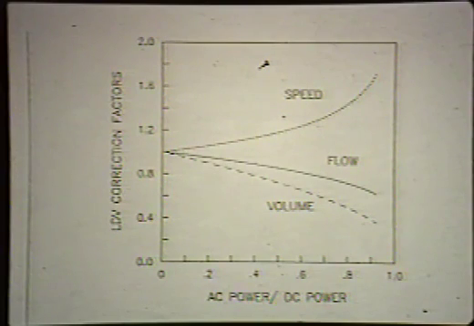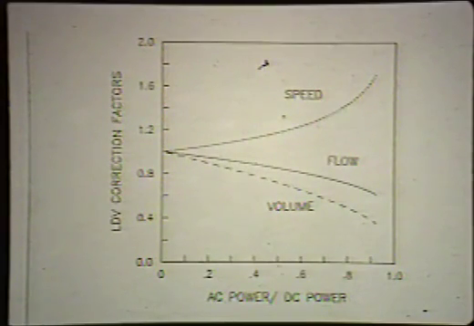So the actual, quote, speed, or frequency Doppler broadening, increases. The volume decreases more strongly because of nonlinearities in terms of the fraction of the light that's Doppler shifted. As most of the light becomes Doppler shifted, it's not going to be linear with increasing the number of red cells. And the flow parameter has intermediate nonlinearity. Those things are attempted to be corrected in most of these instruments, although based on relatively simple models.